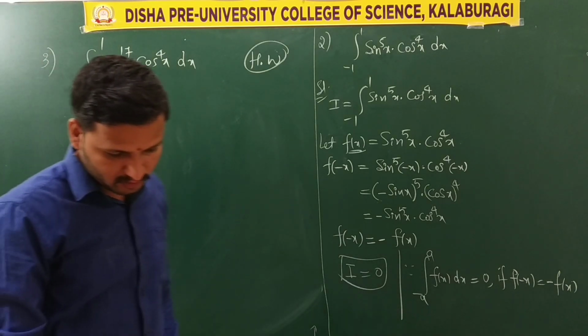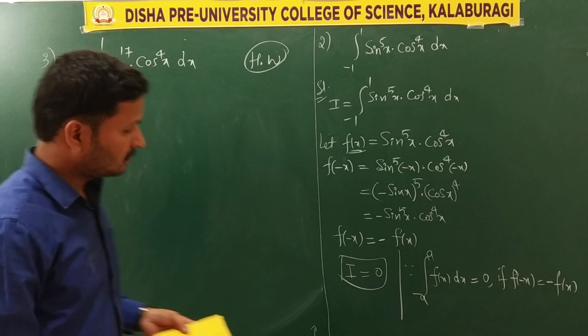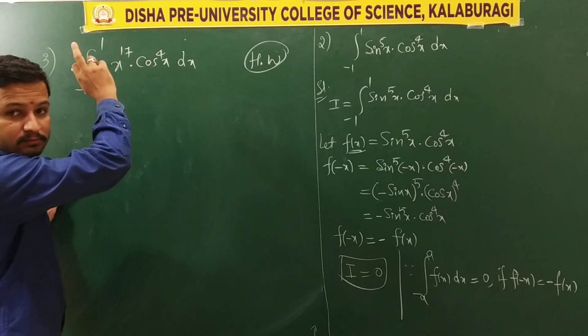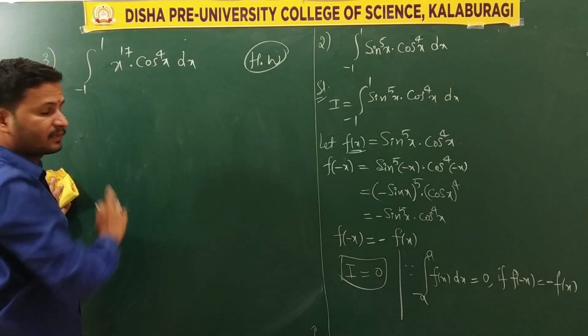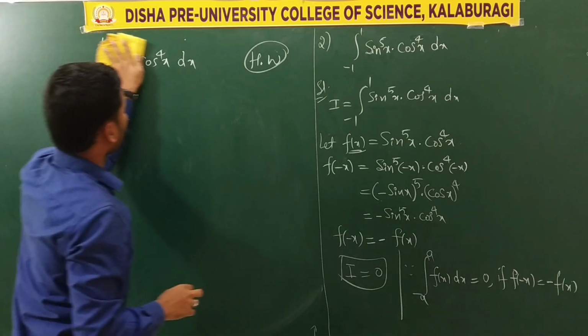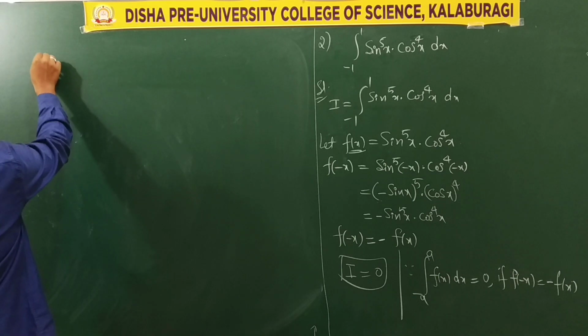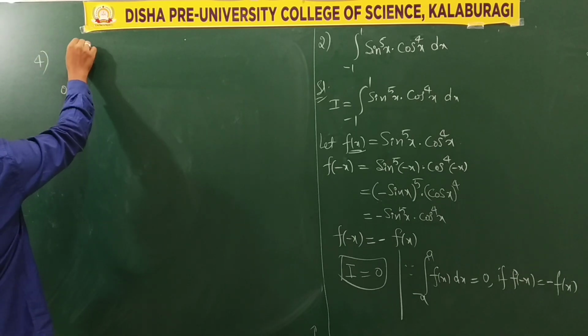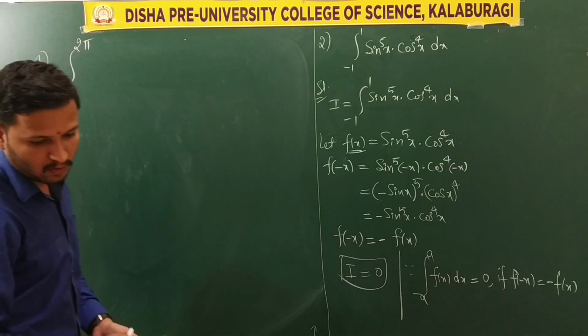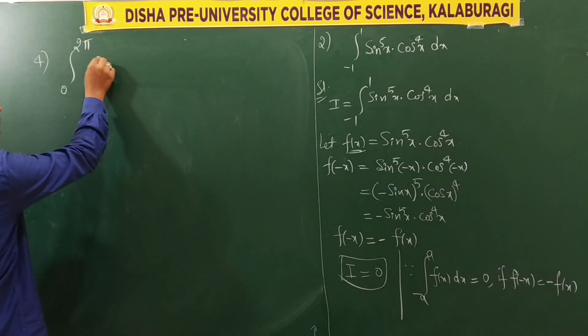Next, question number 4. This is for homework. Try moderately. Okay? Yes. Next. Fourth one: integration from 0 to 2 pi cos raised to 5x into dx.